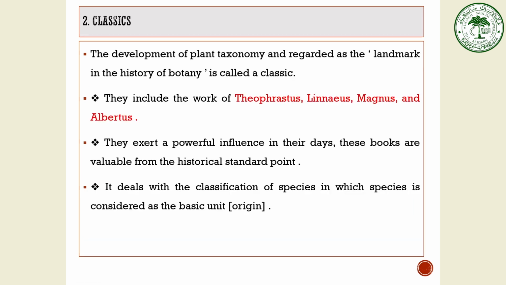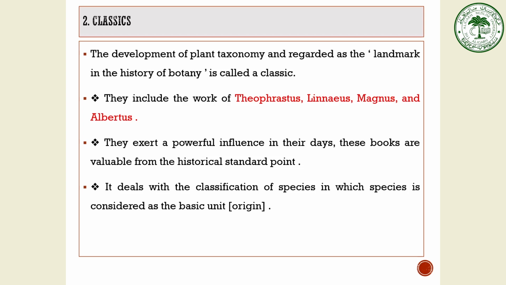So in the taxonomic literature, the next one is the classics. Classics, as the name indicates, are works regarded as a landmark in the development of plant taxonomy and in the history of botany. All the earlier workers that contributed toward botany as well as taxonomy, and their documents, are termed classics, and they include the work starting from Theophrastus, known as the father of botany, to Linnaeus, known as the father of taxonomy, to Magnus and Albertus.